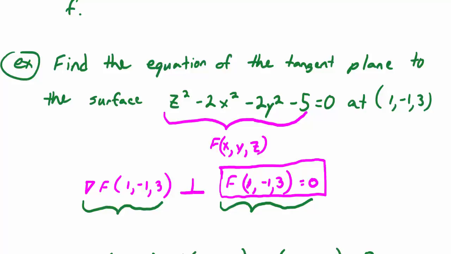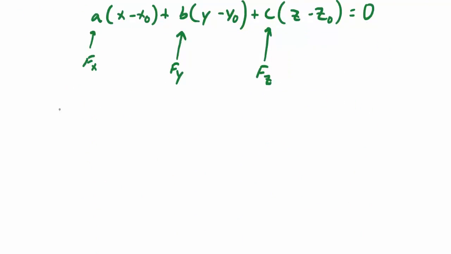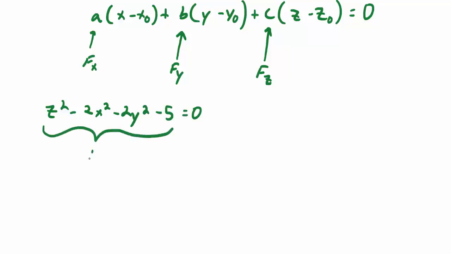Let me rewrite the surface down here so we can refer to it easily: z squared minus 2x squared minus 2y squared minus 5 equals 0. Again, this guy on the left is capital F.